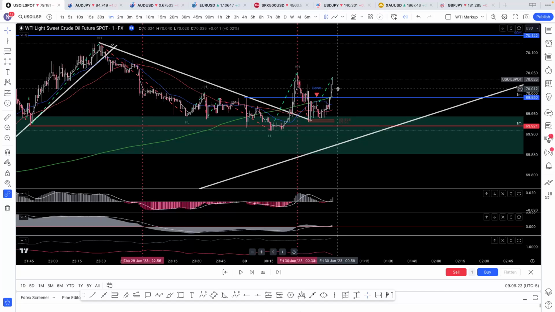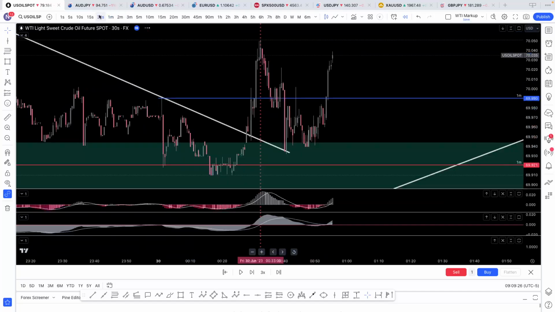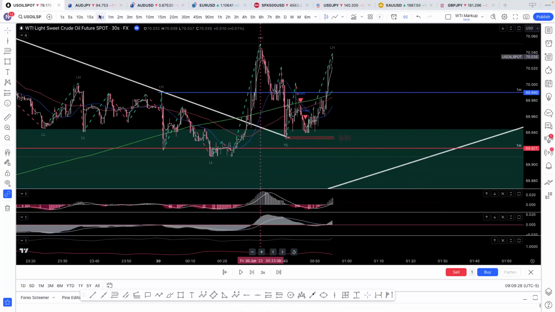I don't have the green CJ arrow yet, so let me drop down maybe to the 30. It hasn't given it to me, so I wonder if price is going to pull back.